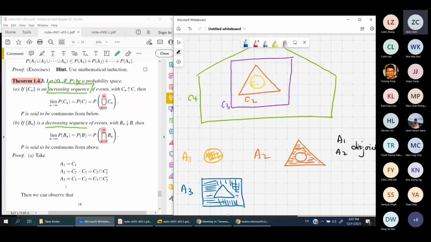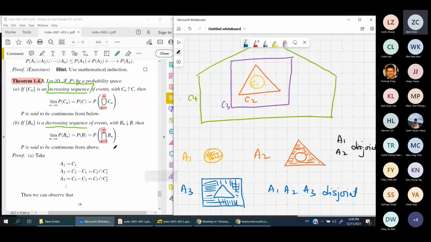So A2 is this, A1. So that means now you can easily see that A1, A2, A3, these three are disjoint. I don't think I need to explain what A4 is. A4, I think you can imagine, will be this pentagon, but excluding the square inside, right?